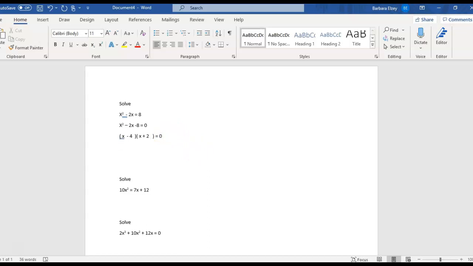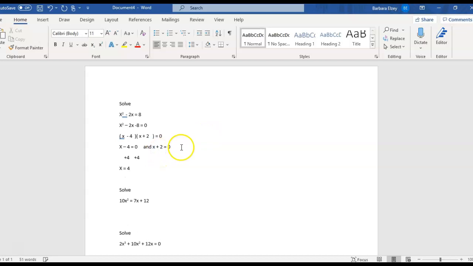But now we're going to use that zero factor property, which allows us to set each of these factors to 0. All right, and solve these linear equations. So if we add 4 to both sides on this linear equation, this one's going to give us x equals 4.